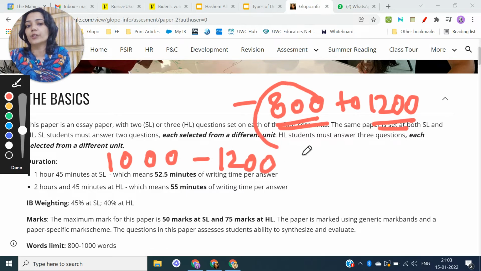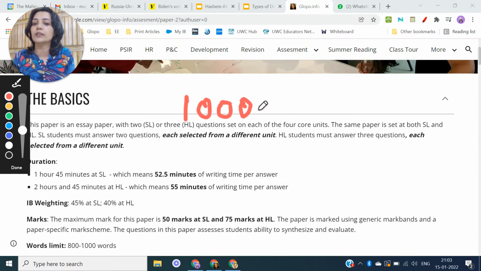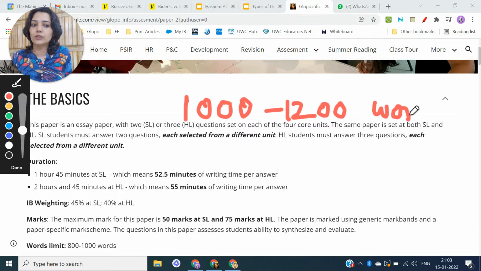In case you are covering your answer in 800 words, that means somewhere you are missing on your analytical part, or you are not including all the perspectives properly. You are not evaluating or concluding it properly. So you need to include everything, and to include everything you require somewhere between 1000 to 1200 words. Fair enough.